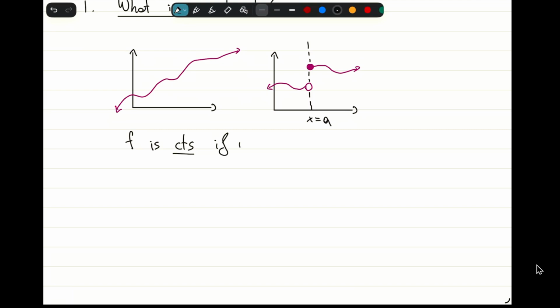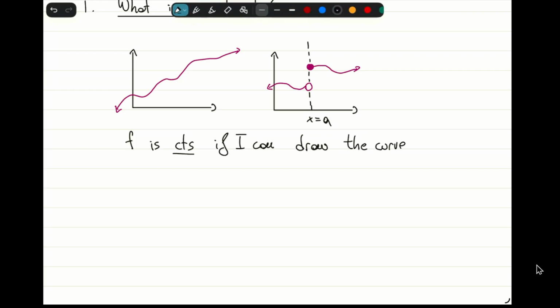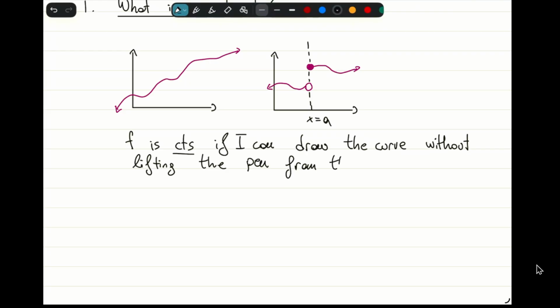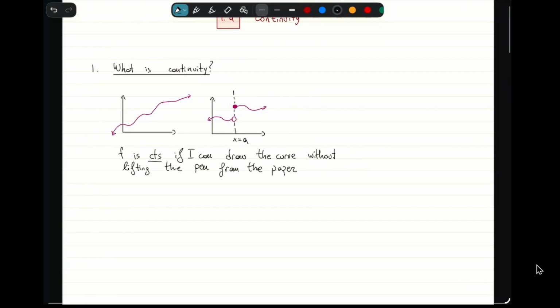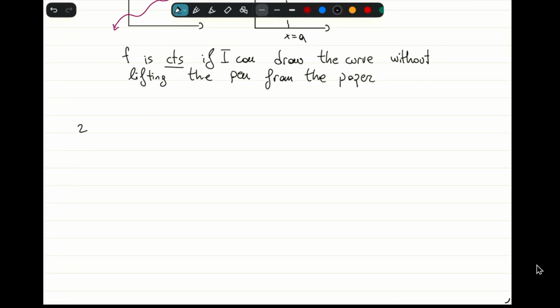If I can draw the curve without lifting the pen from the paper, or in this case more like the pen from the iPad. Okay, so I think this is pretty intuitive. You could see it pretty clearly.